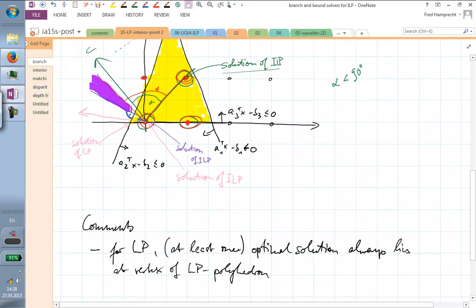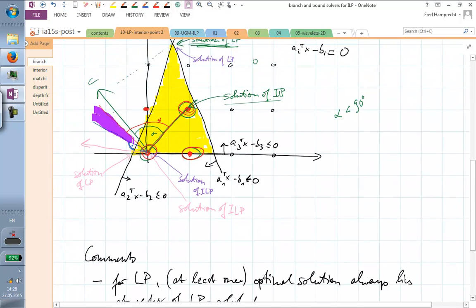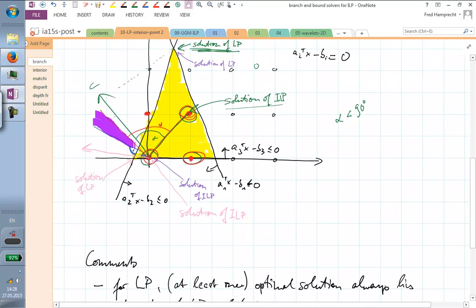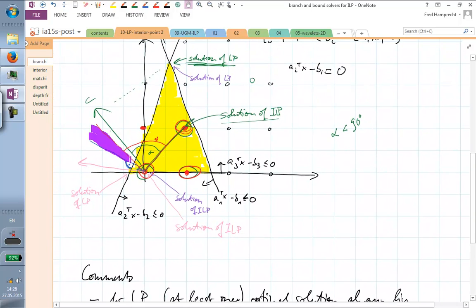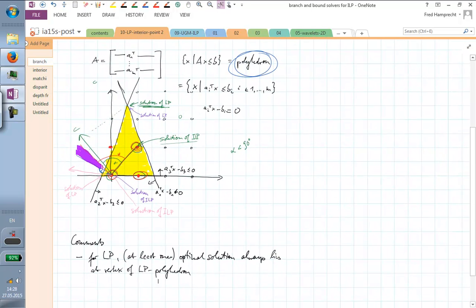So I'm now referring to the case where I'm looking at the yellow region, and whichever cost vector I am picking, a valid solution which maximizes my reward will always lie at exactly a corner.